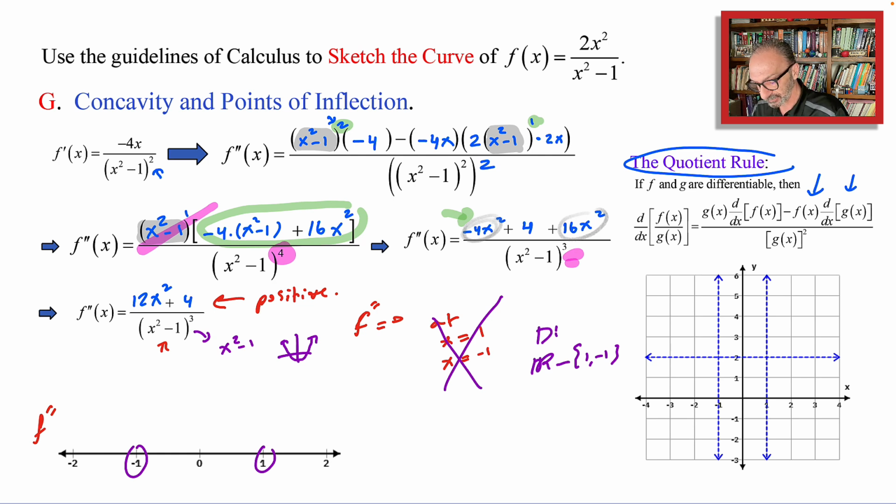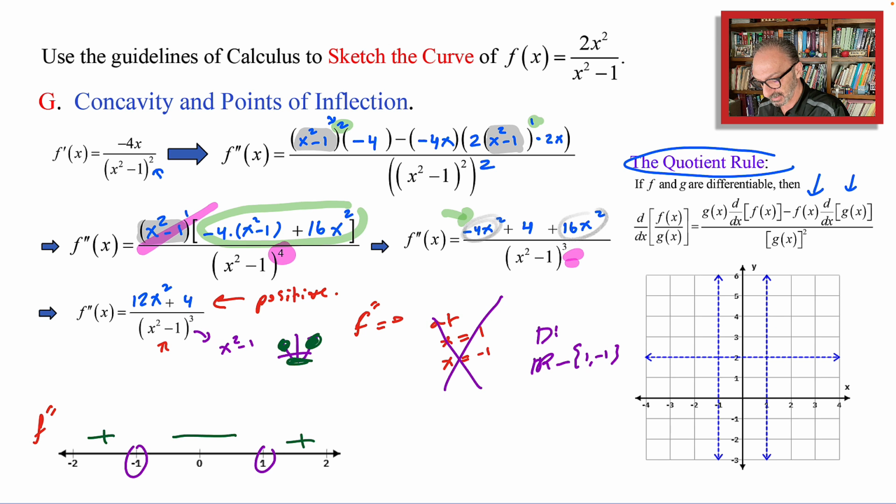That tells me that this value x to the second minus 1 will be positive on this side, positive on this side, and negative down below. So it's going to be positive right here, positive right here, and negative right here.